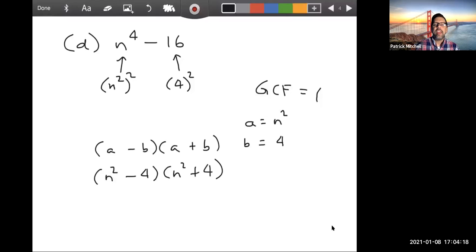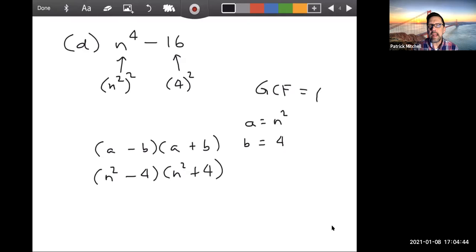All right. And by the way, if you check this answer, it would check. So the check is not completely foolproof. The problem with this answer is that it is not factored completely. Take a look at that and see if there's anything else you can factor. Do you notice anything in there that looks familiar as something you know how to factor?